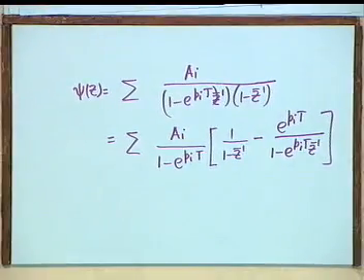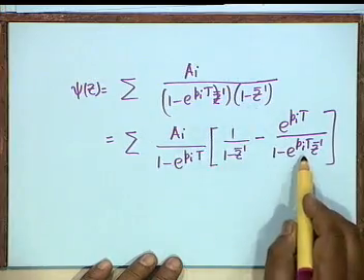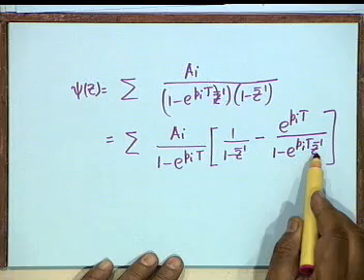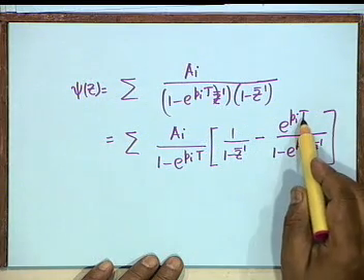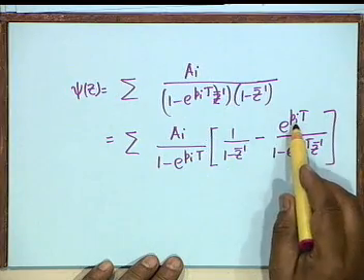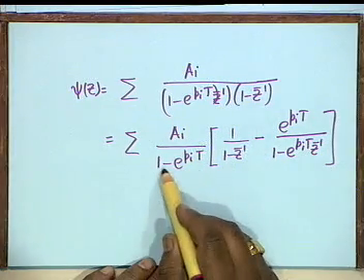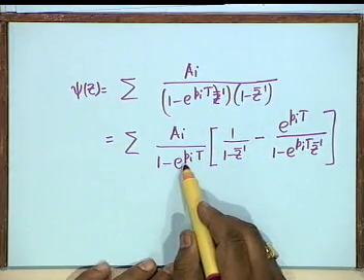Please verify if this is correct. You see, the denominator is guaranteed, so 1 minus e^(p_i T) z^(-1) minus e^(p_i T) plus e^(p_i T) z^(-1), and therefore I have taken this in the denominator. Okay?